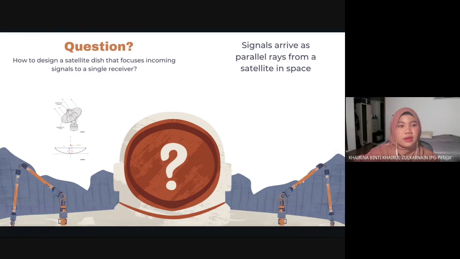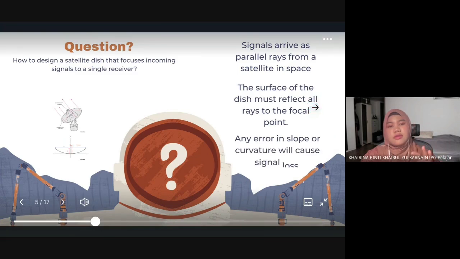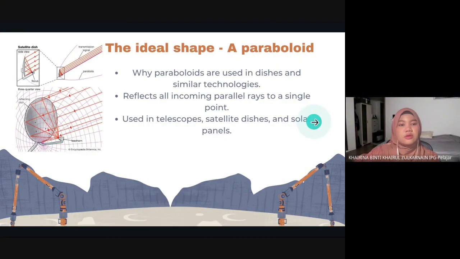How to design the satellite dish? As you can see here, signals arrive as parallel rays from a satellite in space, so the surface of the dish must reflect them. Also, any error in slope or curve will cause signal loss. So how do we overcome the problem?